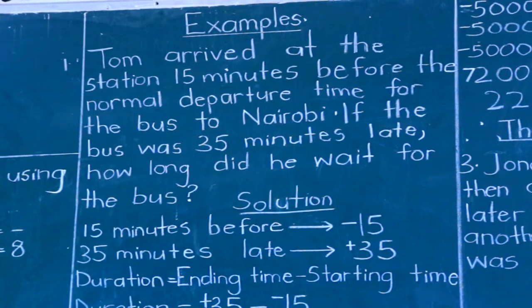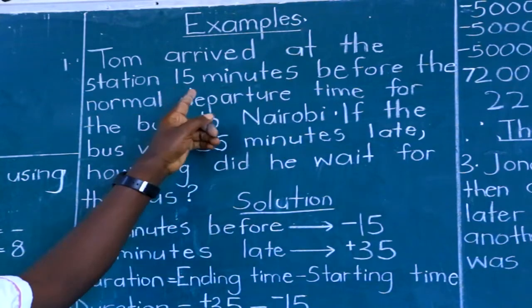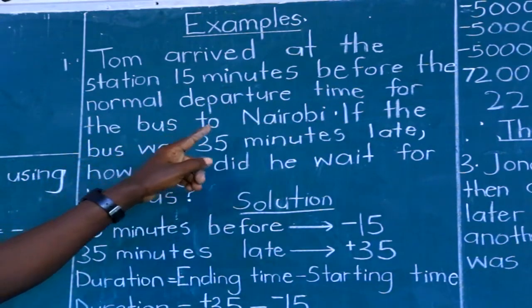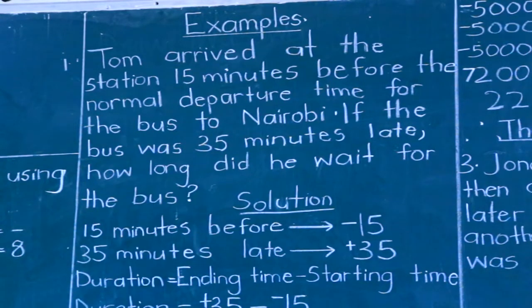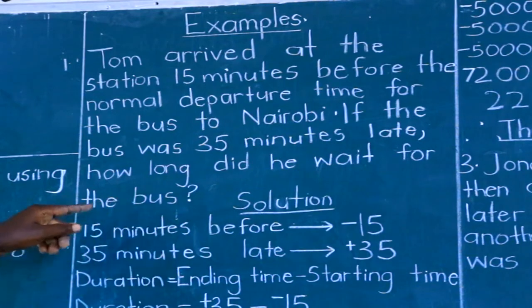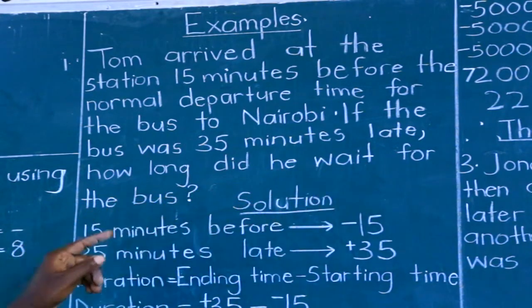It reads again: Tom arrived at the station 15 minutes before the normal departure time for the bus to Nairobi. If the bus was 35 minutes late, the main question says, how long did he wait for the bus? Now, you look at the keywords that will introduce us to the application of integers.